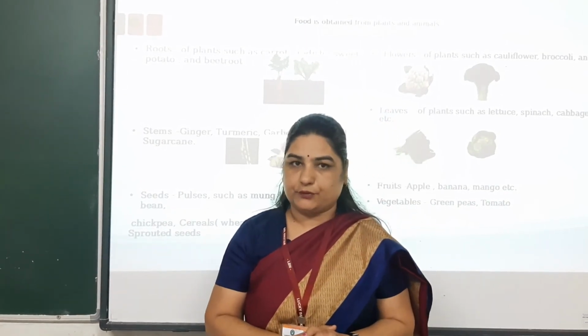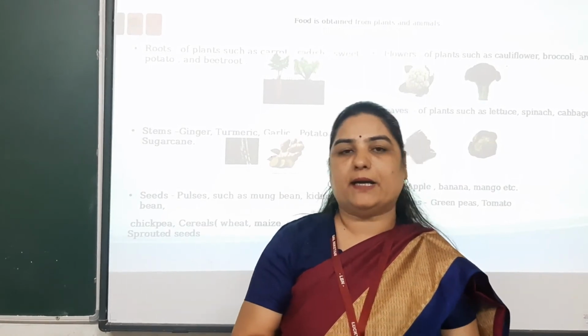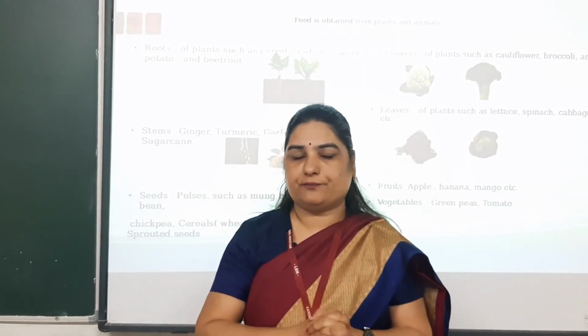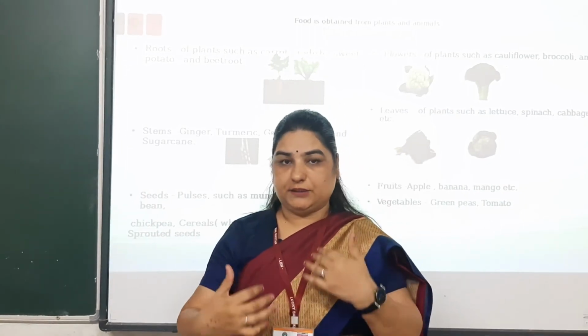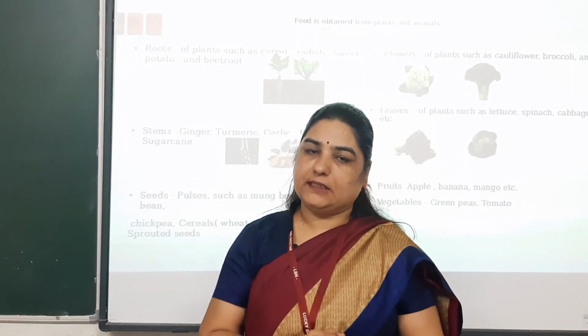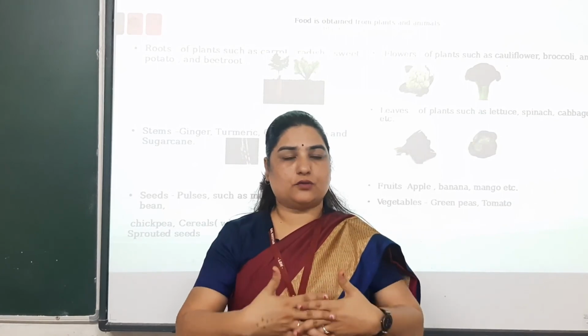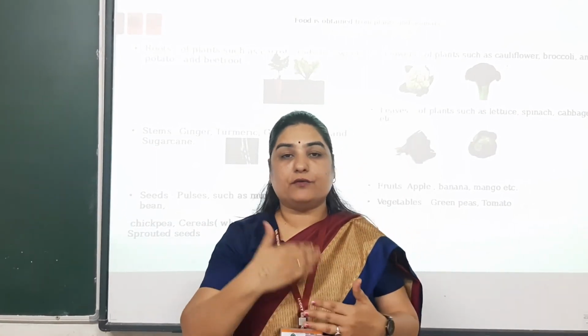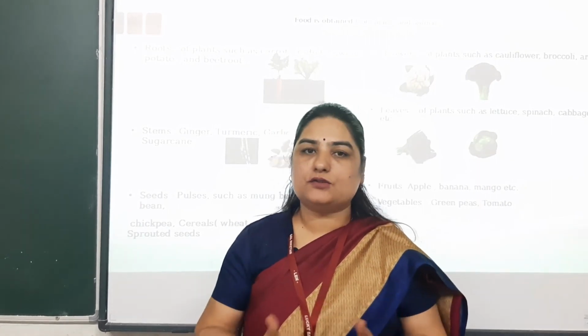Plants are producers because they make their own food by the process of photosynthesis, and many parts of plants are eaten by us as food. Done. And sources of food means the place and the organism from which we obtain food.